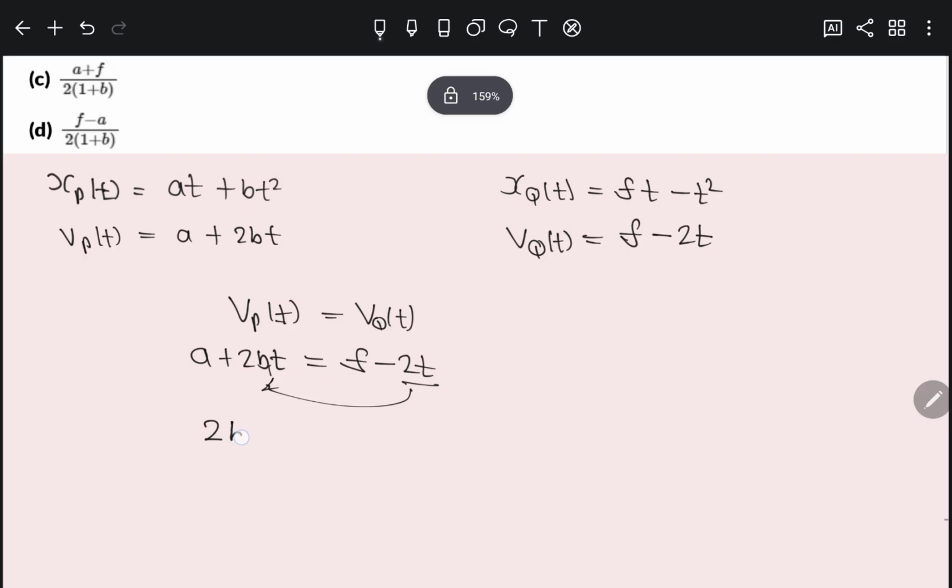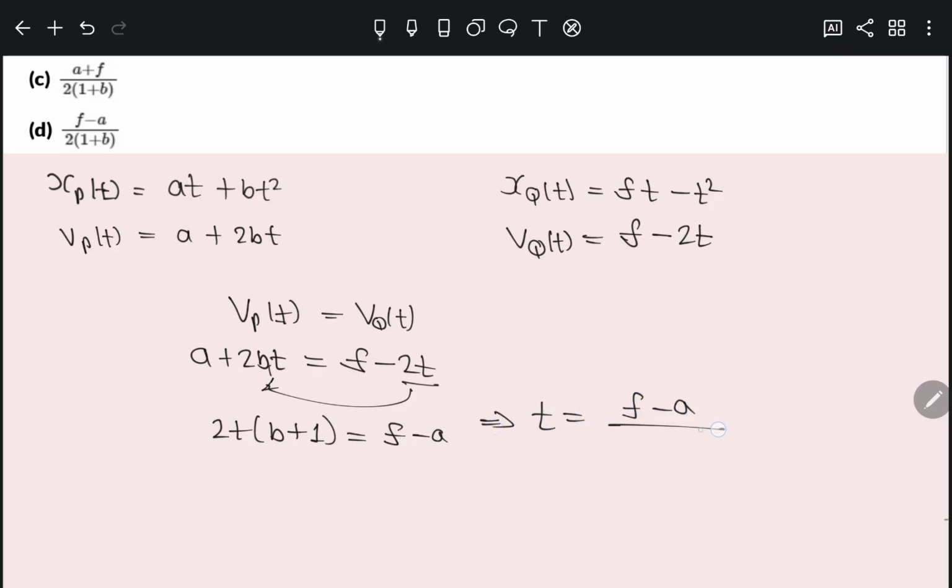So 2bt plus 2t, I take 2t common, so what is left is b plus 1, and here f minus a. So t comes out to be f minus a upon 2(b plus 1).